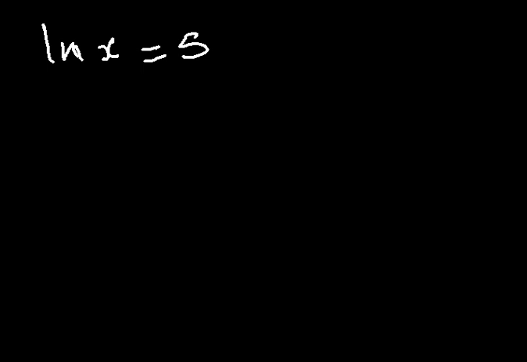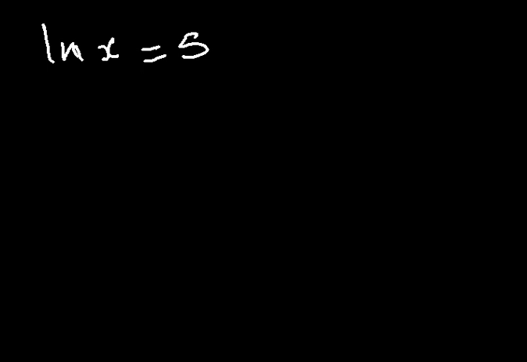At the end of the day, we have to remove the natural log. The process of removing the natural log is said to be exponentiating, where we are removing the natural log. So how should we remove the natural log in order to solve for x?